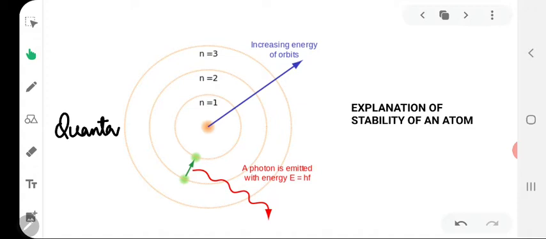Despite a very successful explanation for the stability of an atom utilizing the concepts of quantum physics, there were certain limitations. It gave no idea about the shapes of the molecules formed by the combination of atoms. According to the theory, an electron in an atom follows a well-defined circular path called an orbit.